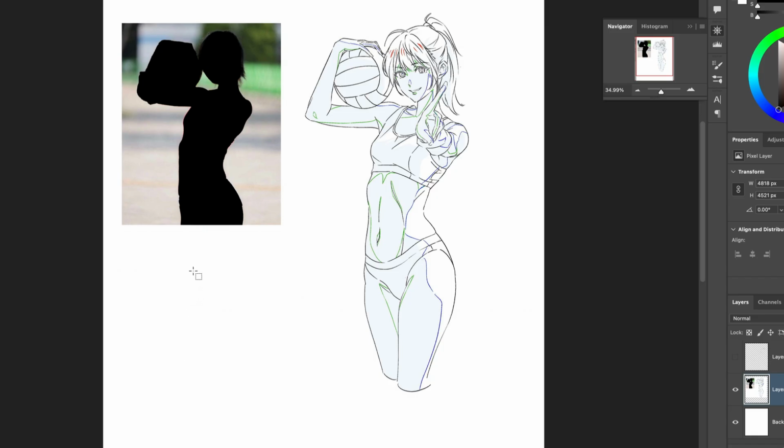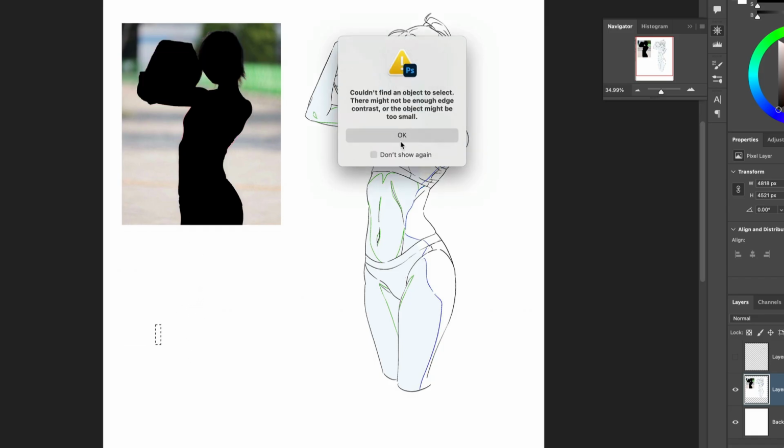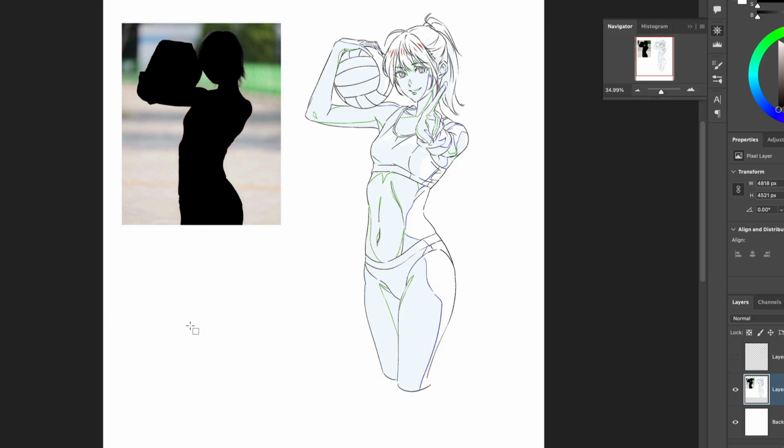This could be a woman holding a vase or something like that. We have no idea where her arms actually are. Maybe both her arms are up.